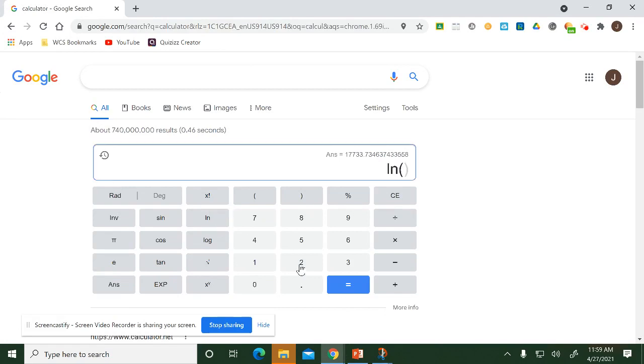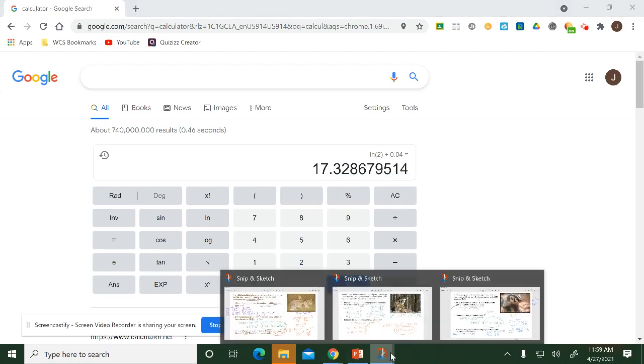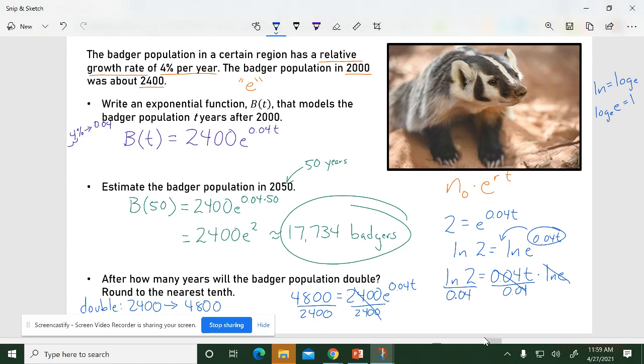So we have this ln button, ln of 2, and we're going to divide that by 0.04, and that gives us 17.328, etc. It said round to the nearest tenth, so it's going to be about 17.3 years. So t is about 17.3 years. That's how long it would take the badger population to double.